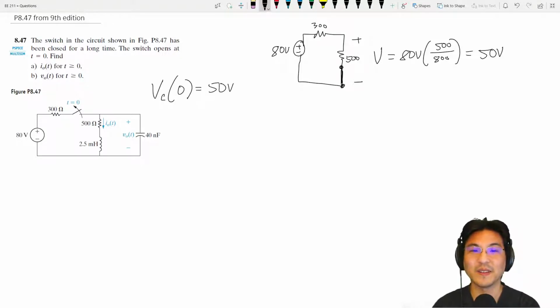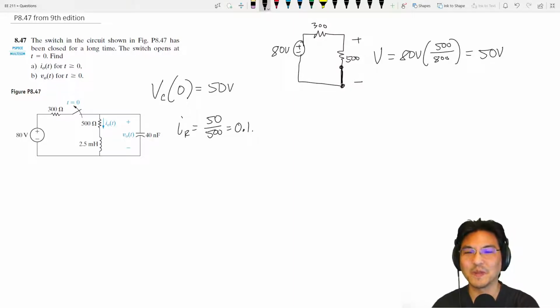The current through this inductor, we don't know. At this second, we know the current going through this resistor. The current going through the resistor would be V over R, 50 over 500, so 0.1 amp, 100 milliamps.